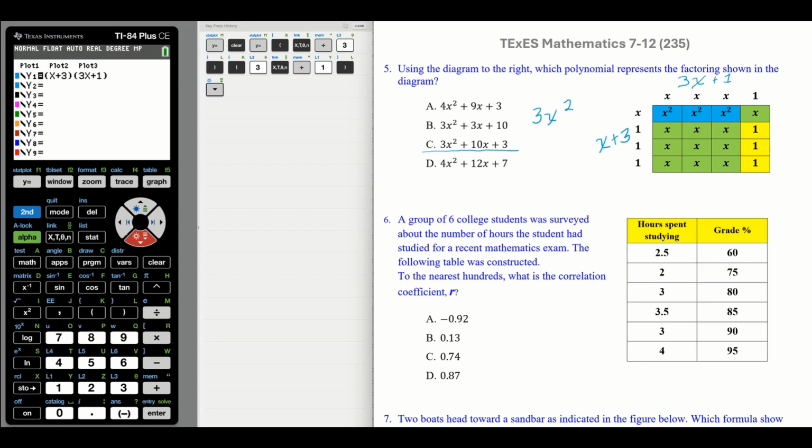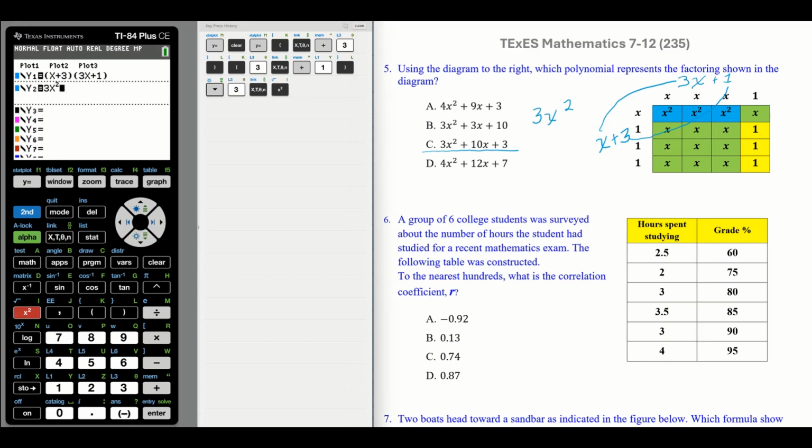I just looked at the front, the first part, and then I looked at the back end. Either way, I did a little estimating. So let's just put in C and see what happens. 3x squared. This is not a bad way to do things when you're taking a test. You know, just get the option, compare it to what you know you have.